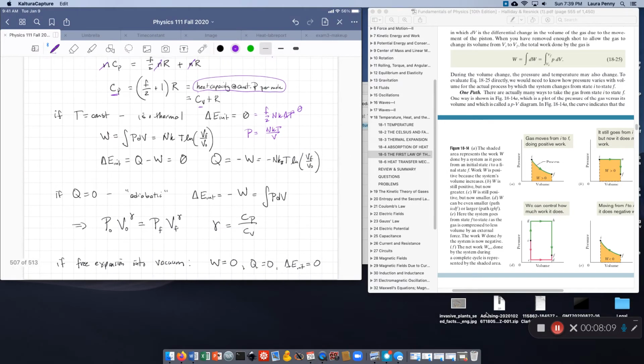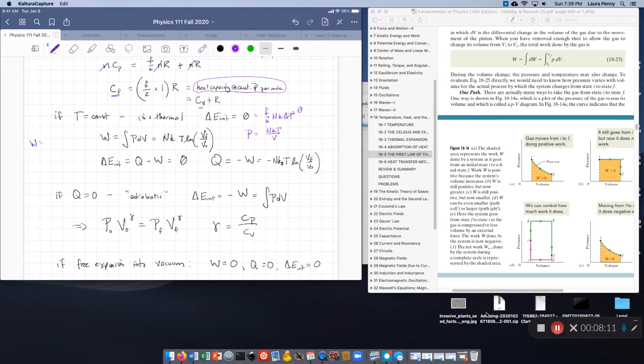So in my integral here, I'd have NKT over V dV, and so I can bring my NKT out, and I end up with dV over V, which is the natural log. And so I end up with the work equal to NKT, the natural log of the final volume over the initial volume.